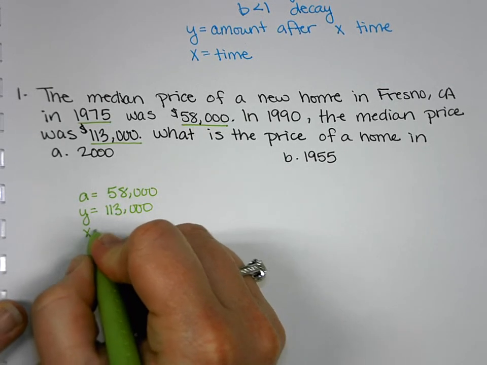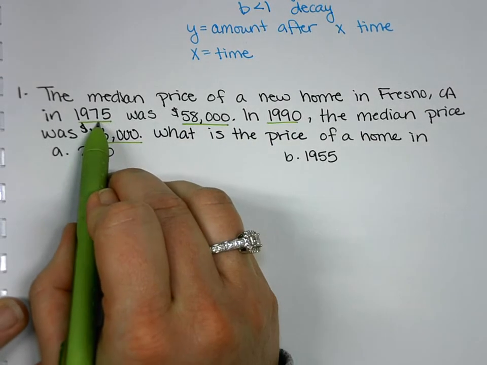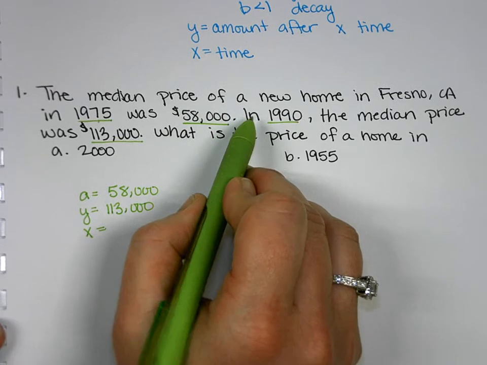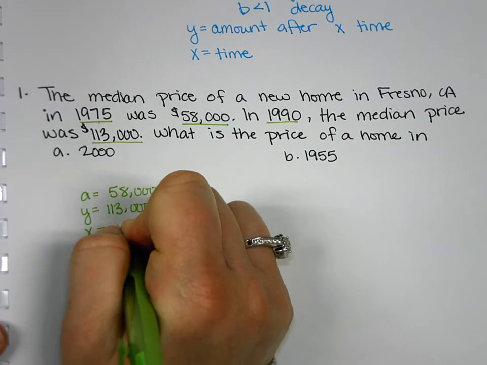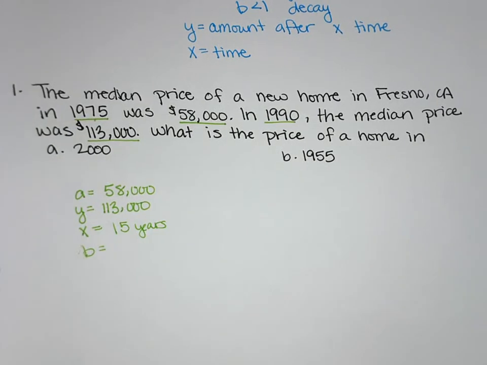The amount of time that's passing, because again, this is from the first one, initially was 1975 to 1990. So how many years have passed? 15 years. And this is going to help us find our growth factor.